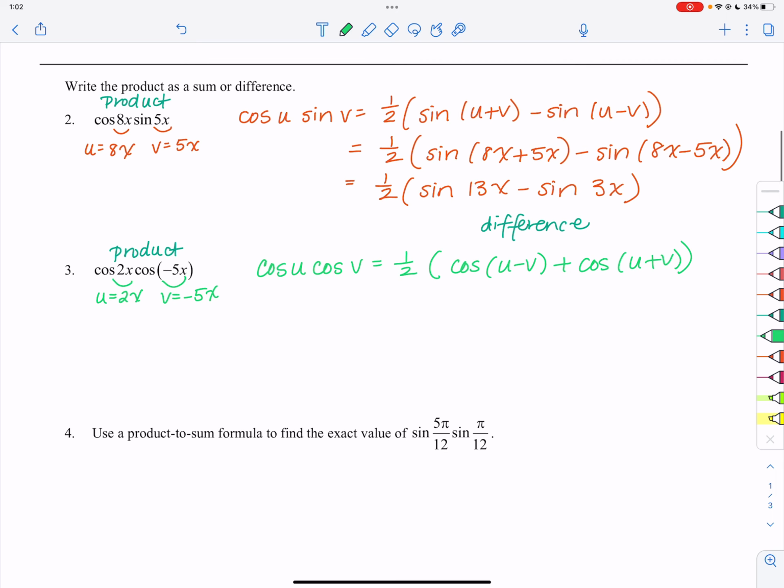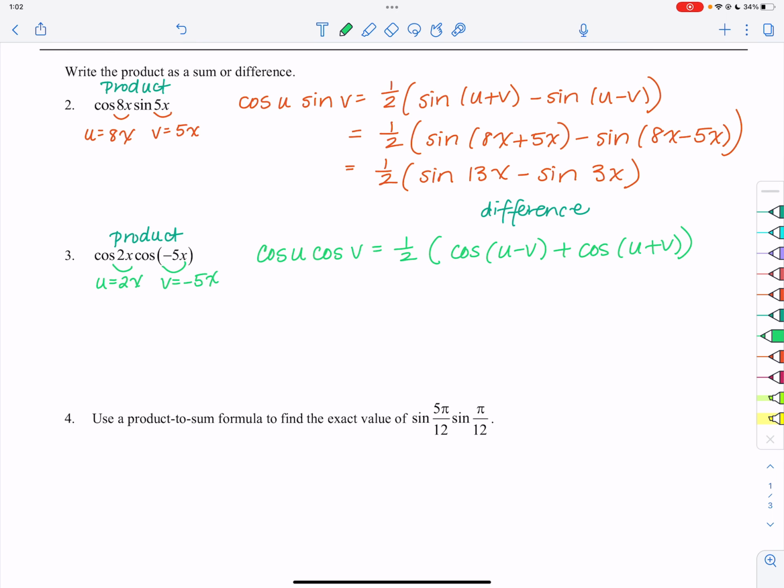Going ahead and filling that in, we have 1/2, and now we have the cosine of 2x minus a negative 5x plus the cosine of 2x plus a negative 5x.